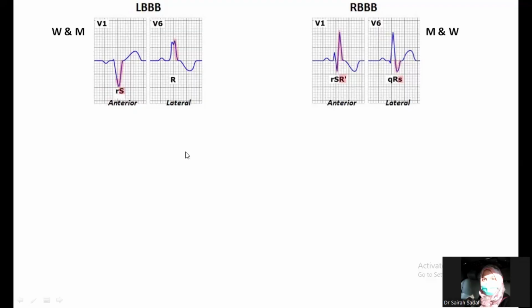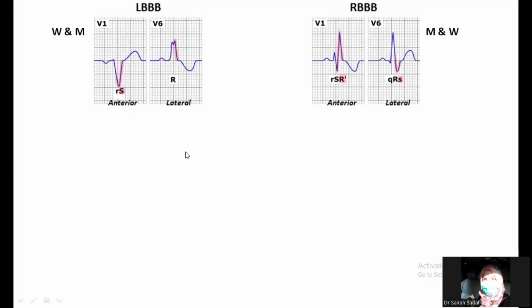In case of any pathology lying in the left bundle or left side of the heart, we will have the same findings with enhanced features. In case of right-sided pathology, we will have reverse findings, as we have already learned in the ventricular hypertrophy.